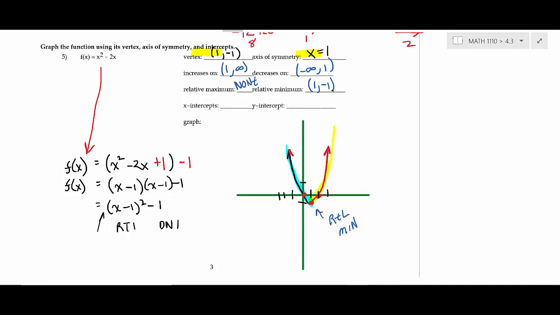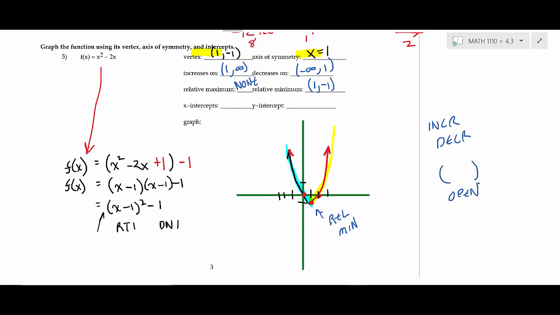Did you have a question or are you okay? Yeah, back to the increasing and decreasing. Wouldn't it be brackets on the outside of the 1? No, anytime you do increasing and decreasing, you always use open intervals. It doesn't matter that you have a point there.